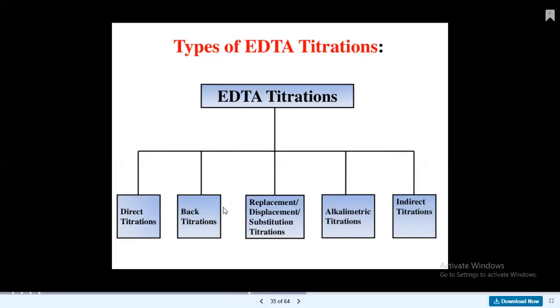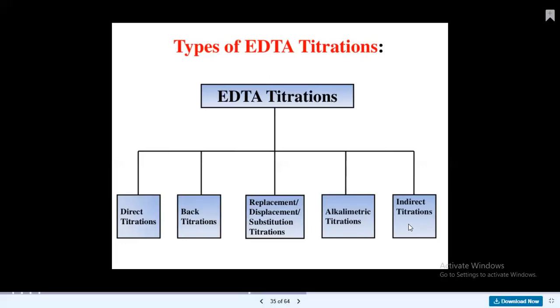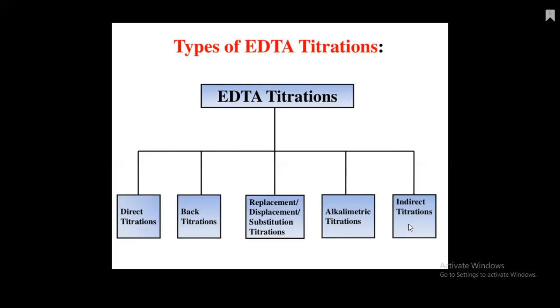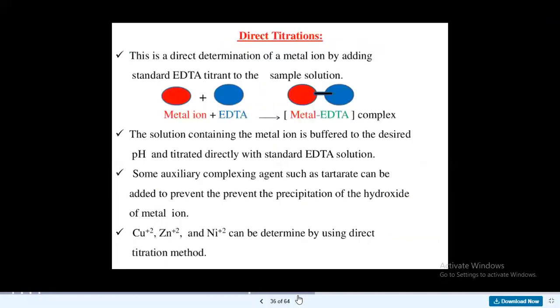The only difference is that back titration is performed when the reaction is slow, while indirect titration is performed when the metal forms a very stable complex with the metal ion.